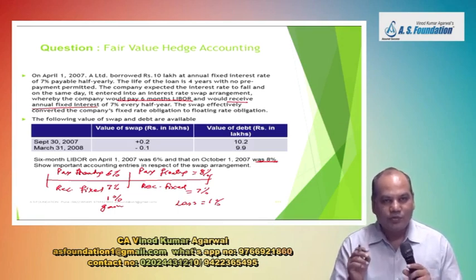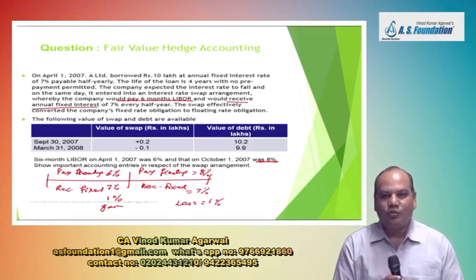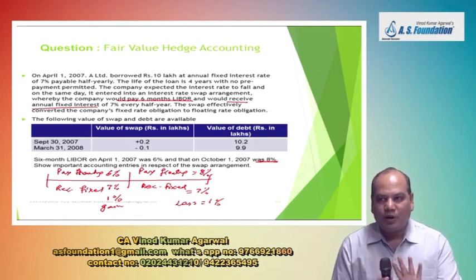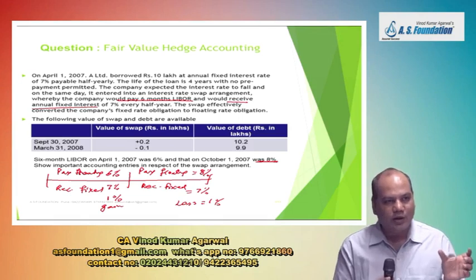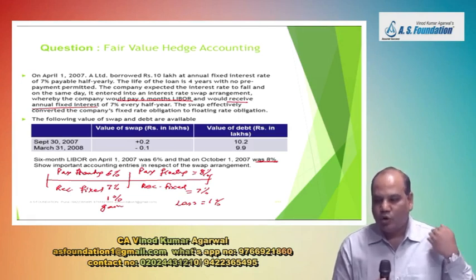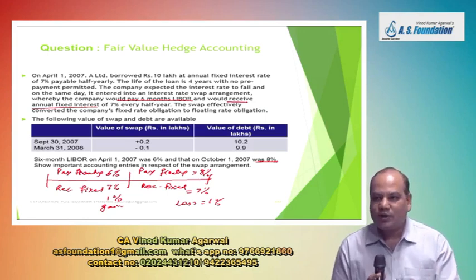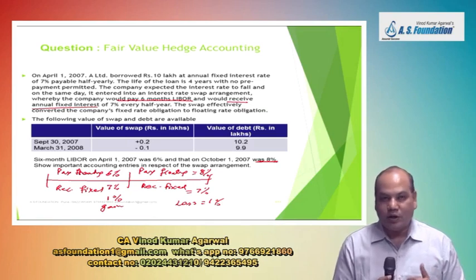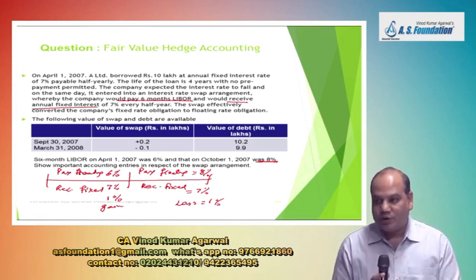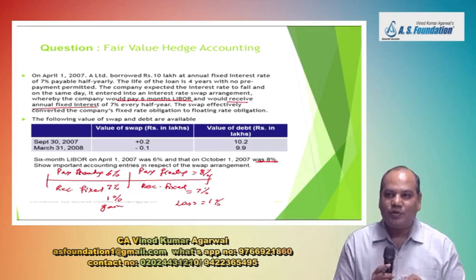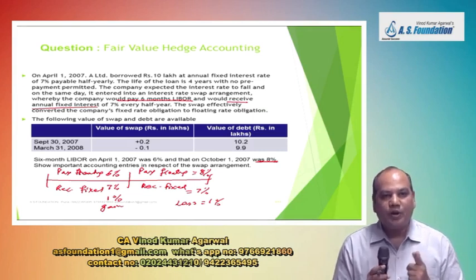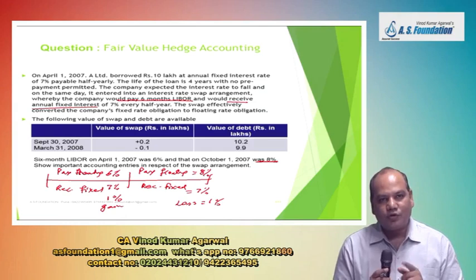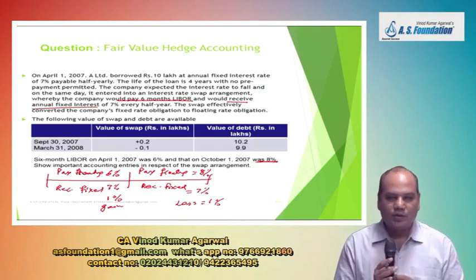We will receive 7%. As I have told you, in practice they don't pay or receive separately. Only the winner will get the difference. So I am the winner in the first 6 months, A Limited. I'll get 1% of 10 lakh for 6 months. All rates are per annum in the question. And in the second half, I have to pay 8% and receive 7%, so I'll have to pay the 1% difference on 10 lakh for 6 months.